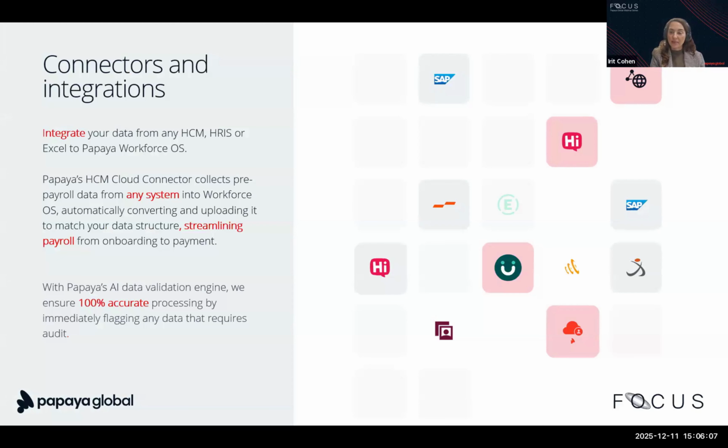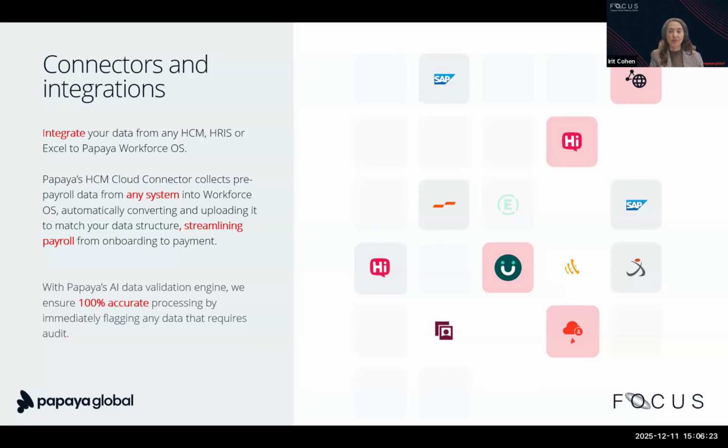Those are all API-based integrations where you can import HR, payroll, and time off data. Those are all scheduled processes, but you can also do it on demand in real time. So that's option number one.